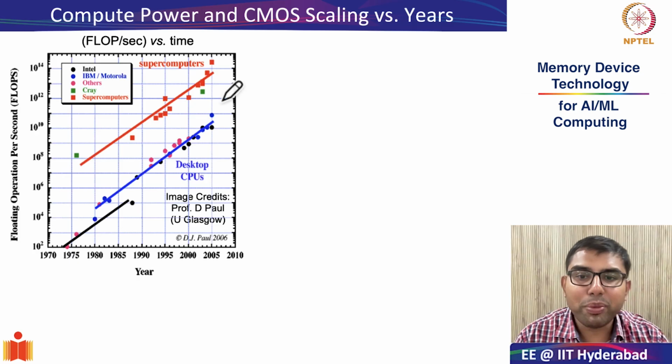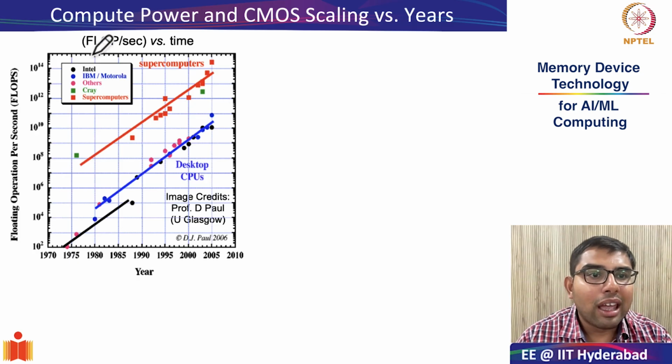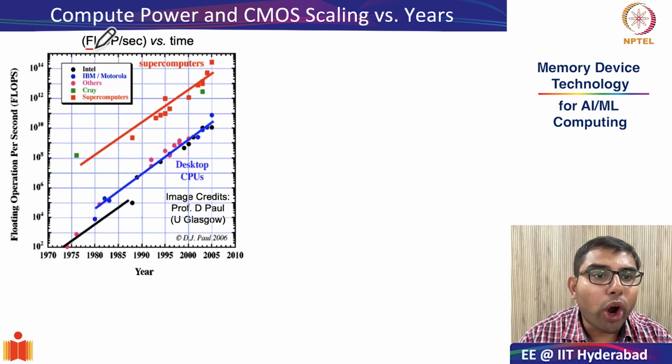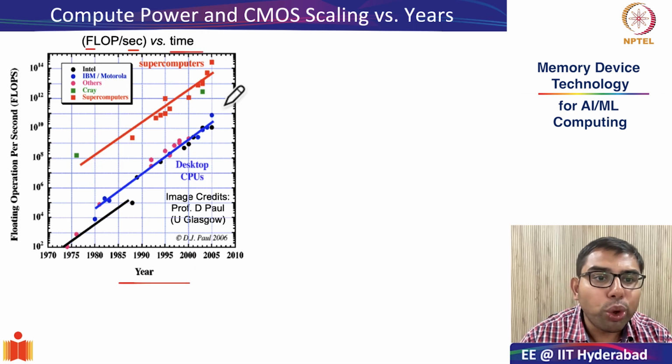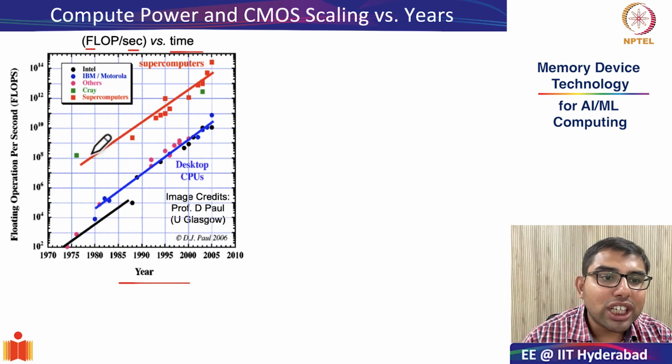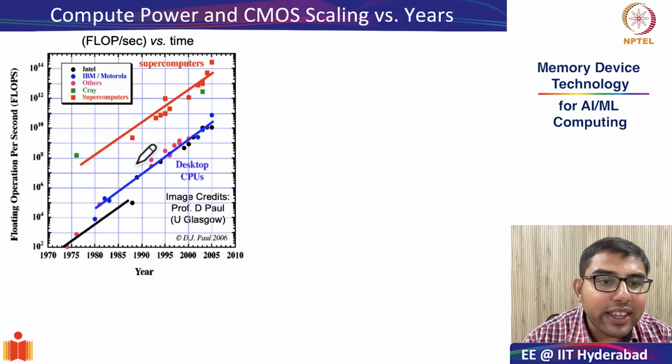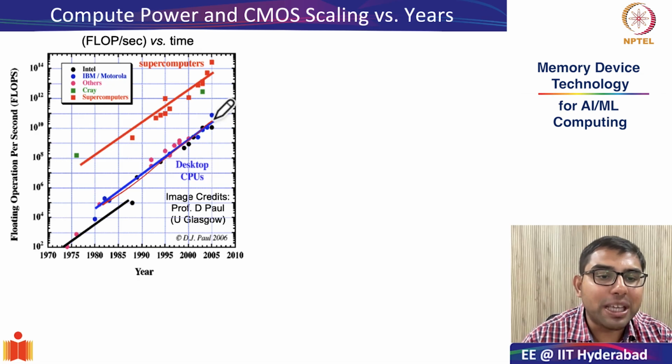So here I have presented to you the improvement in computational power, which is indicated in floating point operations per second as a function of passing years. So here you can see two main trend lines. The first trend line is for supercomputers, this red trend line, and the other is for desktop CPUs.